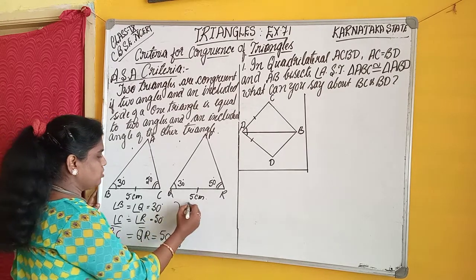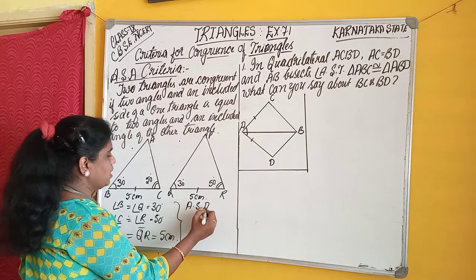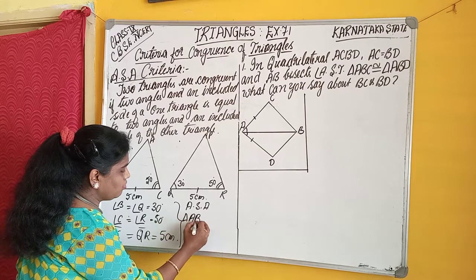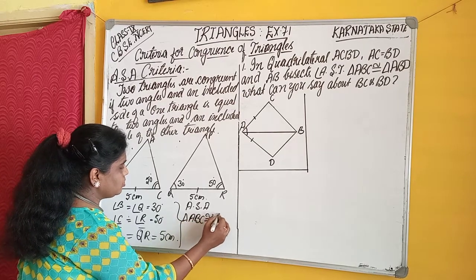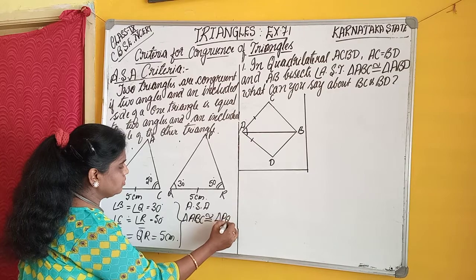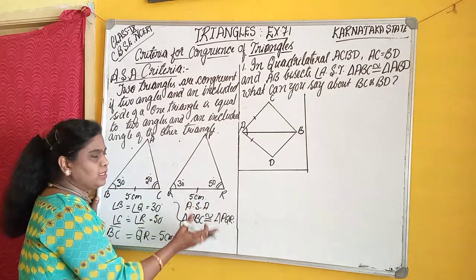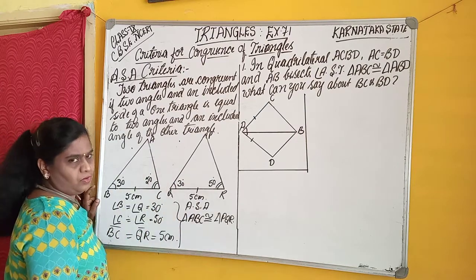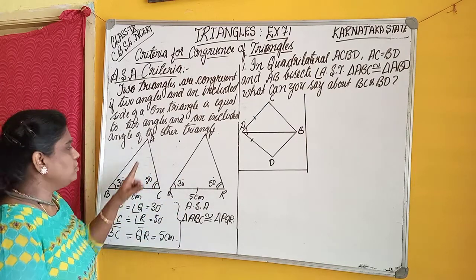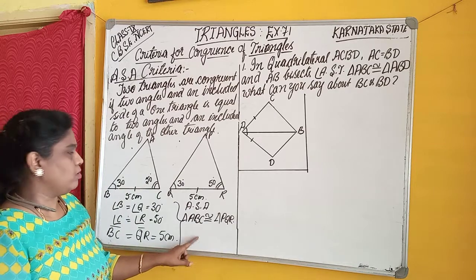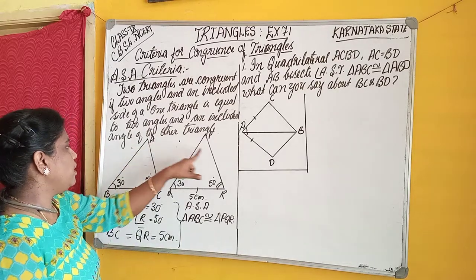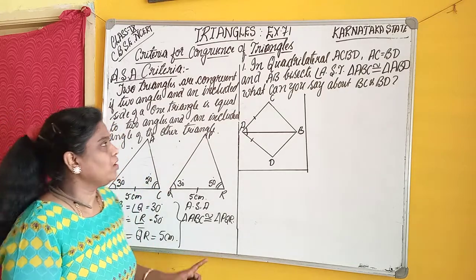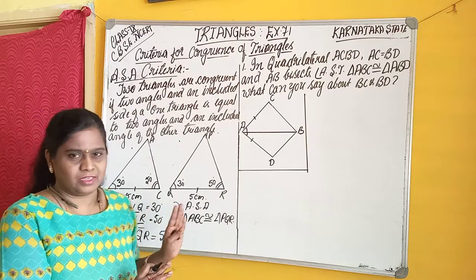By ASA criteria, you can say that triangle ABC is congruent to triangle PQR. Then the corresponding parts of the congruent triangles are equal. All the remaining corresponding sides and corresponding angles are equal. This is just to have some knowledge.